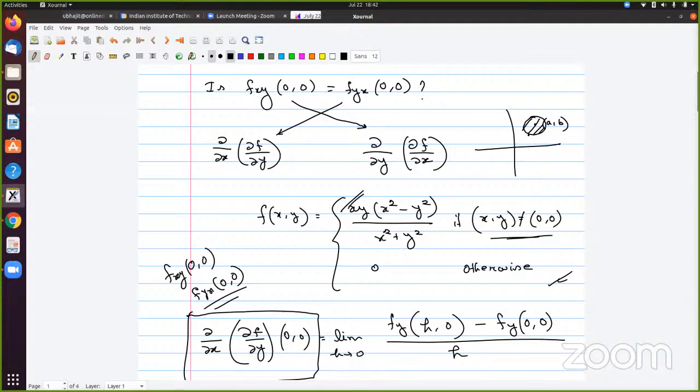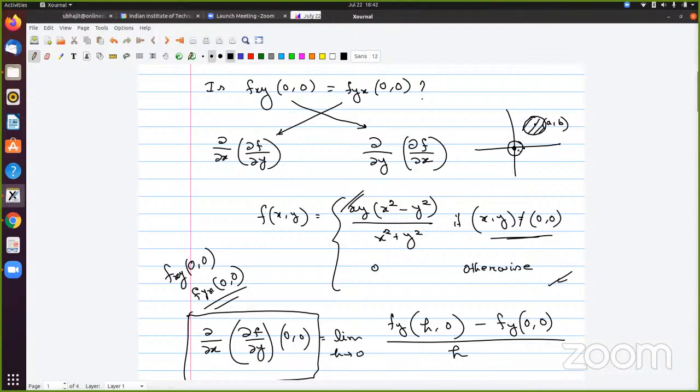We don't need to go by the definition. The problem arises only when we are doing it around 0, because at 0 there is a different definition. At these two points the definition of the function is different, so we need the definition of partial derivative. Otherwise we don't need it.